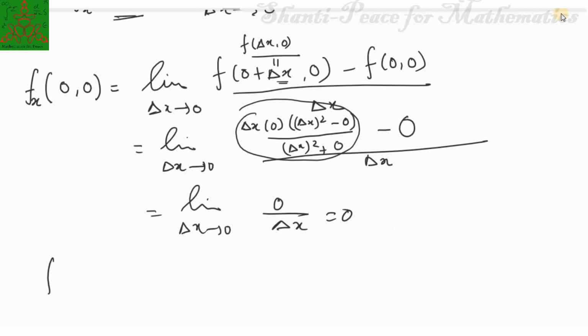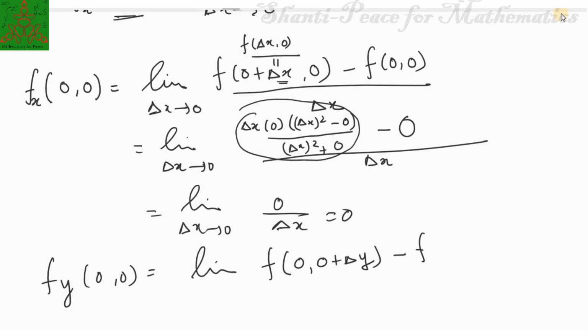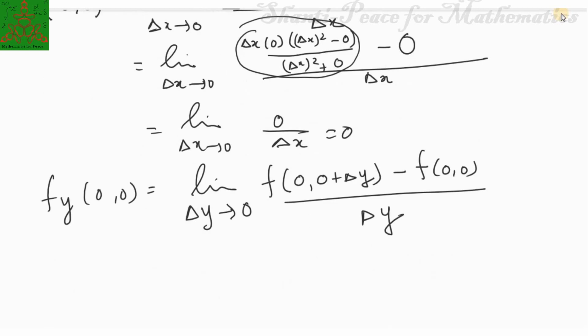What will be f_y at the point (0, 0)? Same way, same definition: f of (0, 0 plus delta y) minus f of (0, 0) upon delta y as delta y tends to 0. If I apply the function here, you know that f(x, y) is given as xy into (x squared minus y squared) upon (x squared plus y squared).